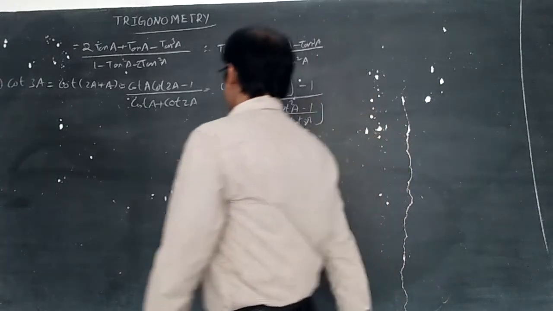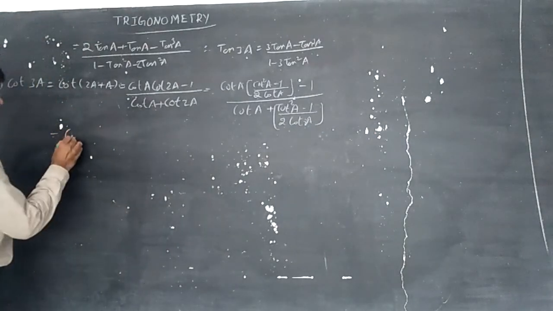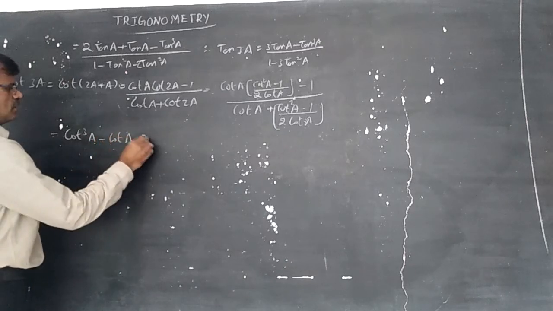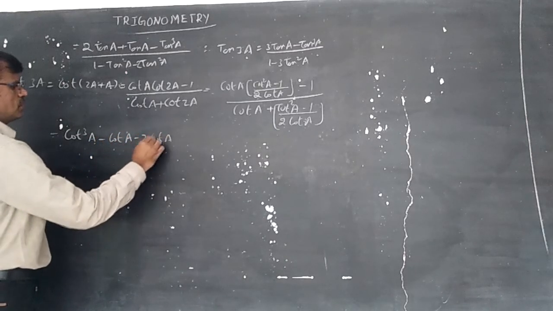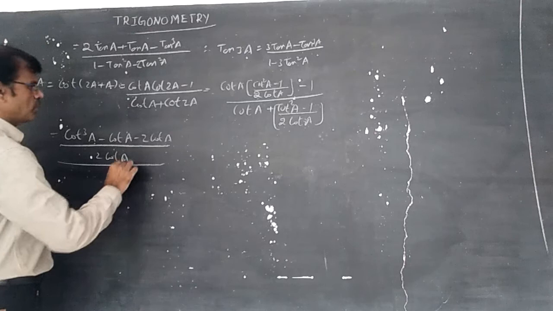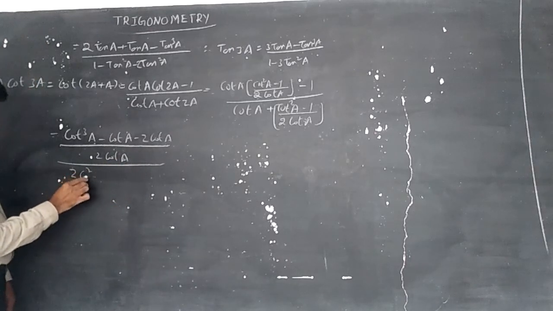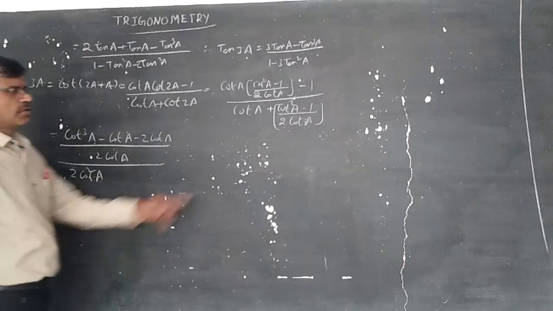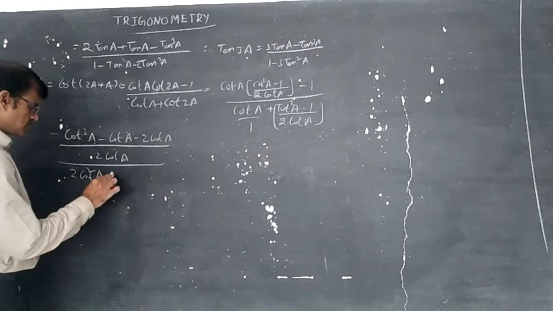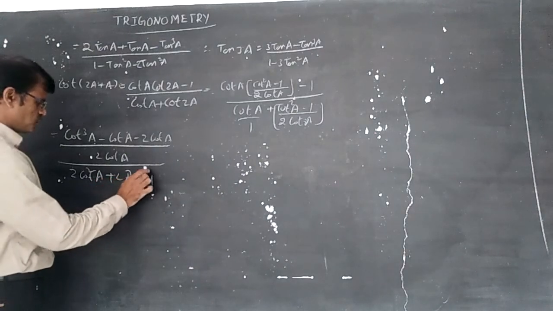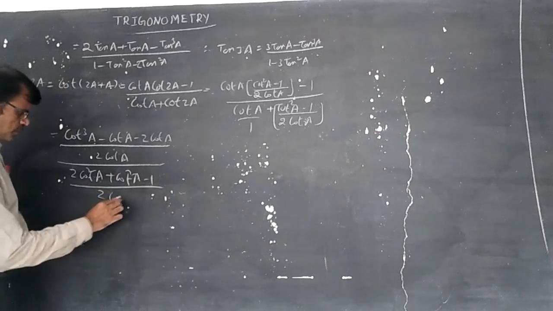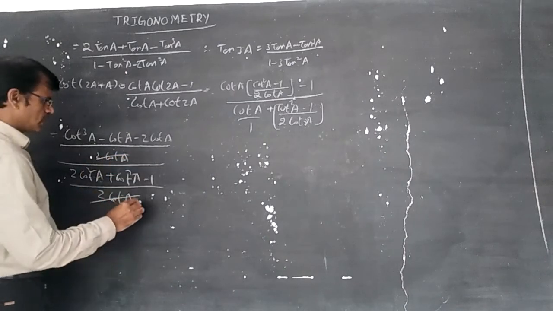Put a bracket here and taking LCM, multiplying with cot A, it becomes cot cube A minus cot A minus 2 cot A, by taking LCM, whole by 2 cot A in the denominator, whole by, and this can be understood as 2 cot square A plus cot square A minus 1, whole by 2 cot A. 2 cot A and 2 cot A get cancelled.